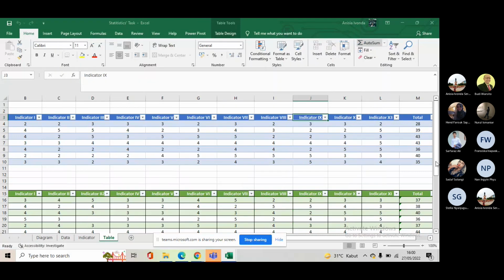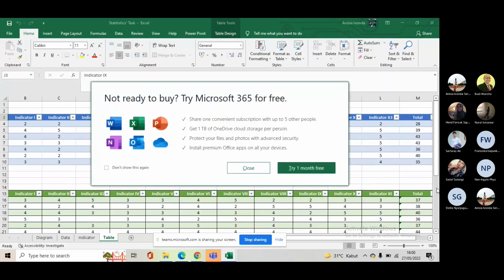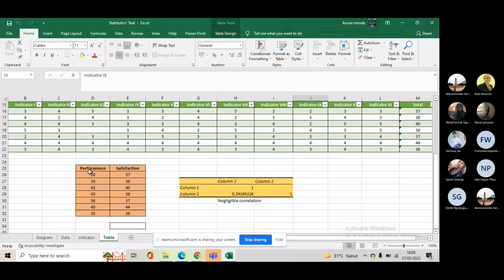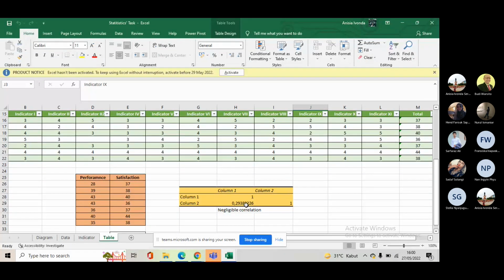I'm sorry for that technical problem. So from performance and satisfaction, this is the total. It is 0.29, equal to negligible correlation. That's all I can share. Thank you, sir.